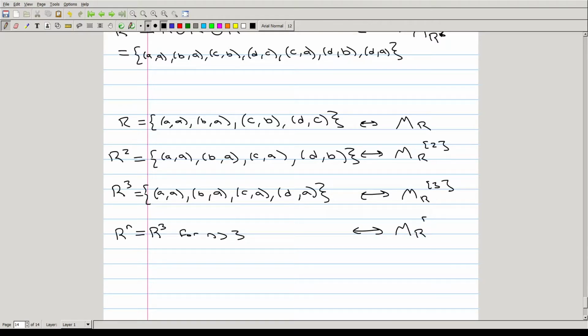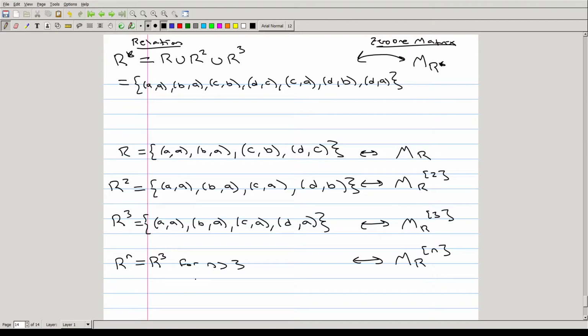And MRN is the matrix that represents the nth power of the relation. And because this power of the relation stops changing at 3, we also have that MRN is equal to MR3 for all n greater than 3.